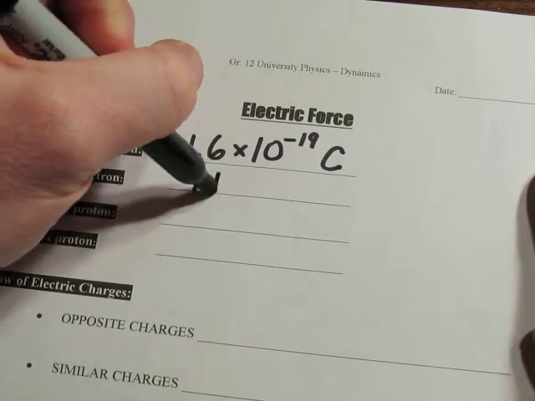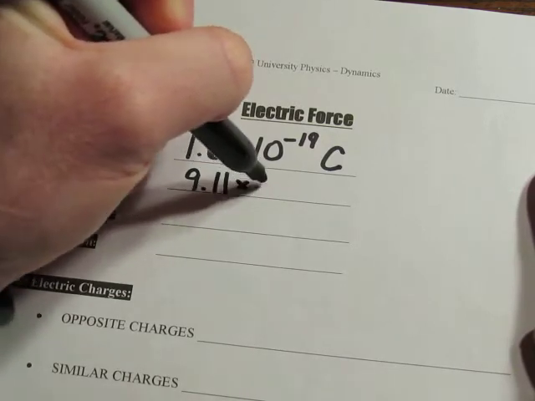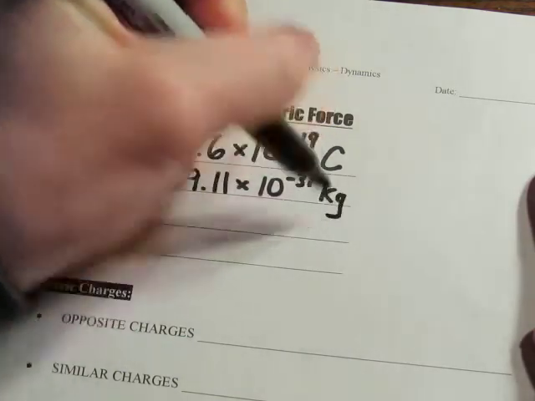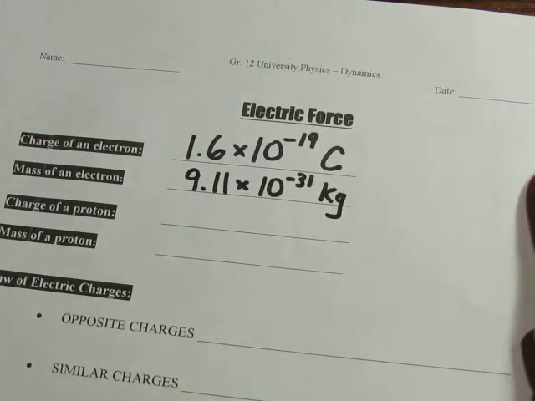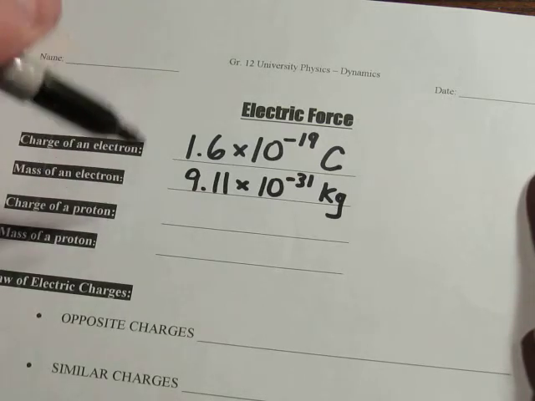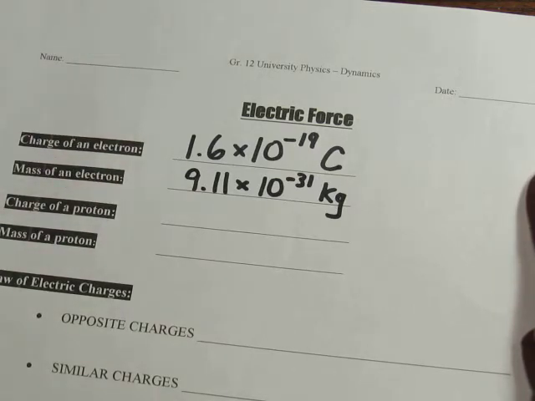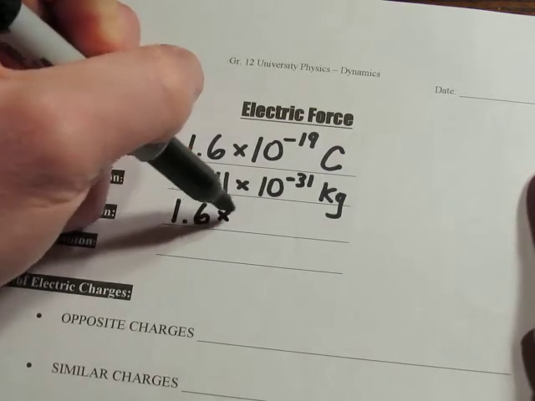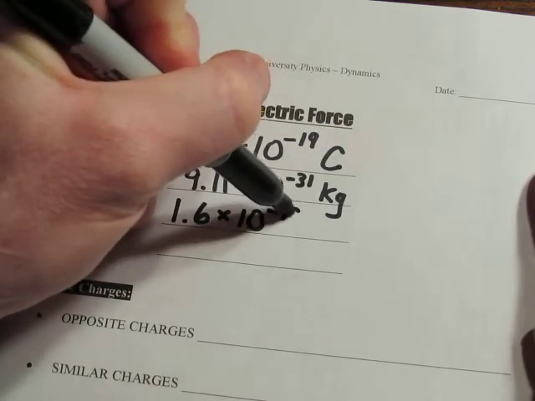It's 9.11 times 10 to the negative 31 kilograms. The charge on a proton is exactly the same as the charge on an electron. It's just that electrons are negative and protons are positive. But 1.6 times 10 to the negative 19 coulombs.